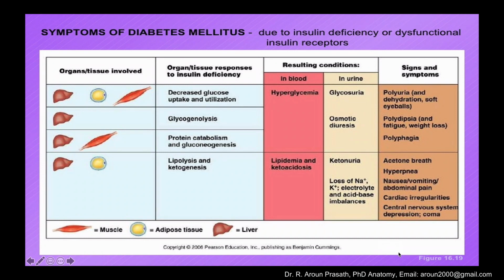Both these things can increase the blood sugar level. Okay, what is the normal blood sugar level? It is around 90 to 140 milligram per dl. This is the normal blood sugar level.